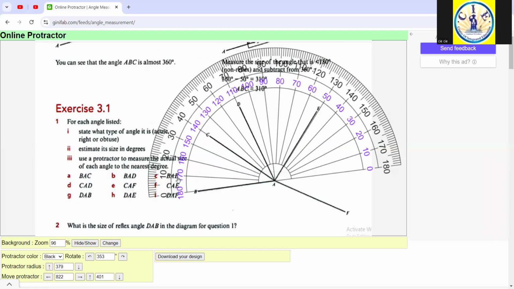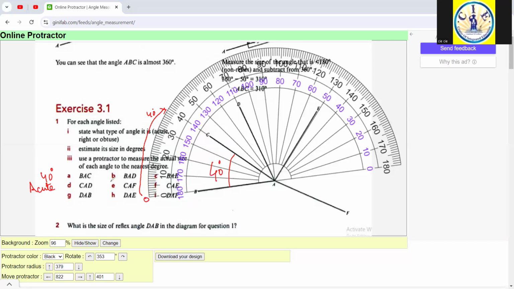So now measuring this angle from here, reading it from this and going till here, we can see that it is a 40-degree angle. So the answer to part A is 40 degrees, and that is why it is an acute angle.